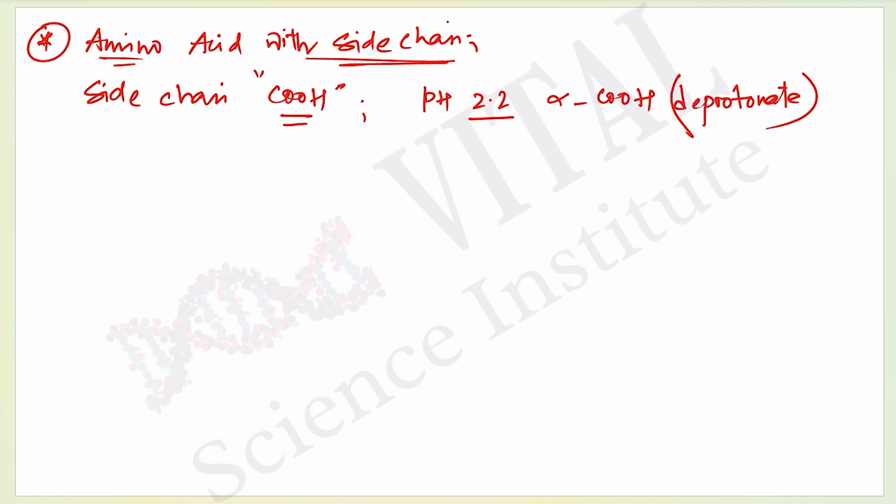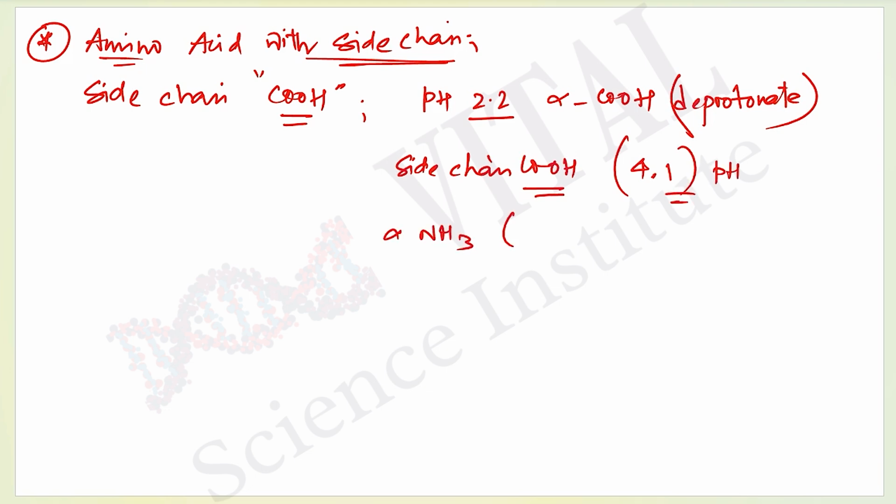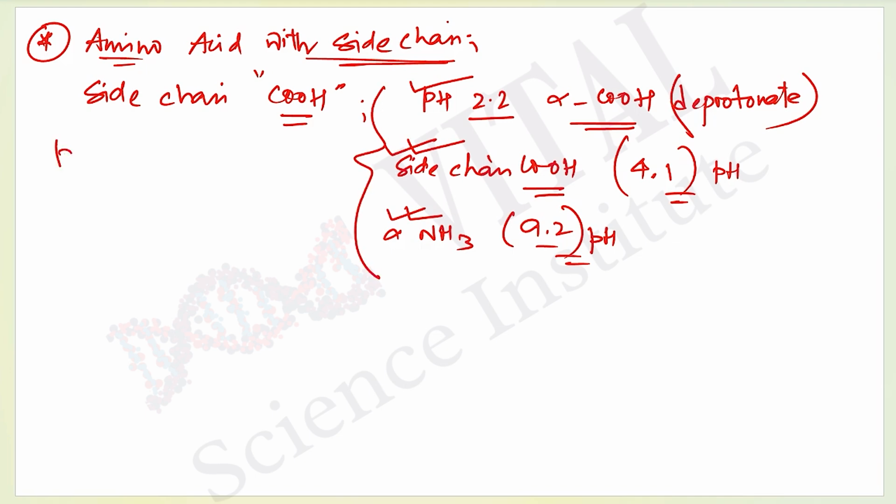Next comes the deprotonation of the side chain carboxyl group, at around pH 4.1. And for alpha amino, we know it is around pH 9.2 or so. So first deprotonation takes place from alpha carboxyl, second from side chain carboxyl, and third from the alpha amino group.